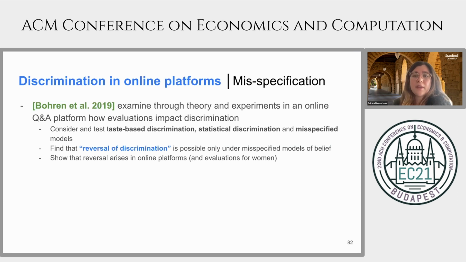In the paper, they consider basically all types of discrimination we have seen. And they make a pretty interesting observation when evaluators are Bayesian. They find that reversal of discrimination might happen, and this is only possible when mis-specification exists. And what's particularly exciting here is that they actually empirically observe this reversal phenomenon in their data.